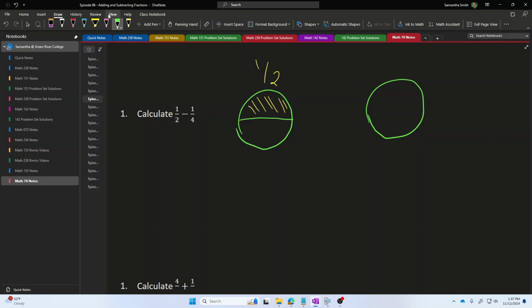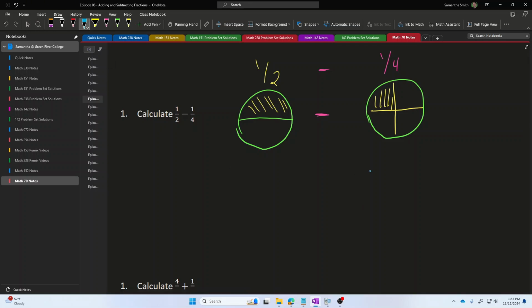And my goal is to take away, minus, 1/4 of the pizza, which I can represent by cutting the pizza into 4 pieces and shading in one of them. Now, if I have half of a pizza and I want to take away 1/4 of a pizza, I'm running into a problem doing that because right now these pieces aren't the same size. Because these fractions have different denominators, the pieces have different sizes.